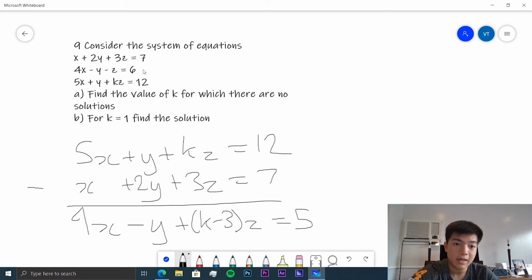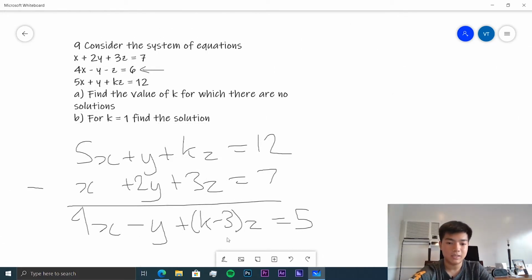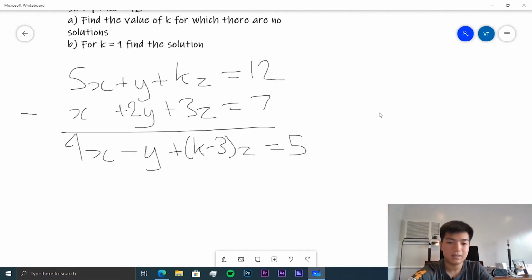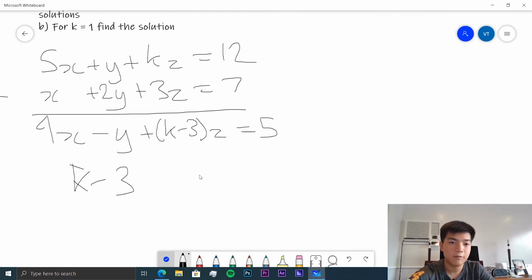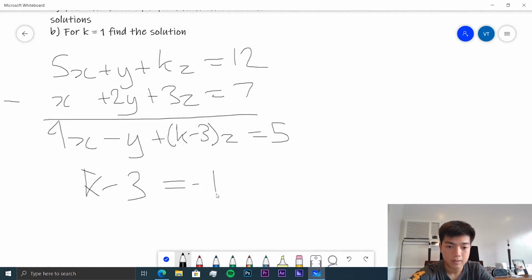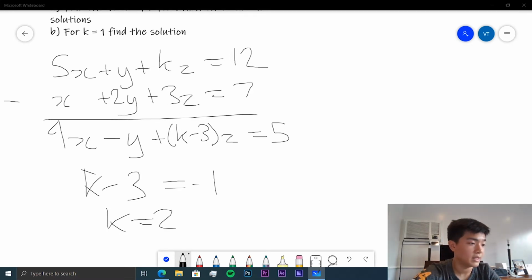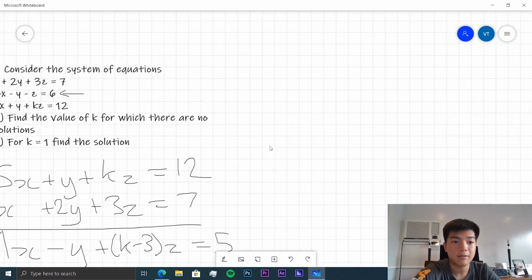And so we have an exact one here, which is 4x minus y minus z equals 6. So we actually need to have two parallel equations that have different constants to make this unsolvable. Therefore, k minus 3 must be equal to the coefficient of z in the second equation, which is negative 1. So k must be equal to 2. So that's that. And then next solve it for k equals 1.